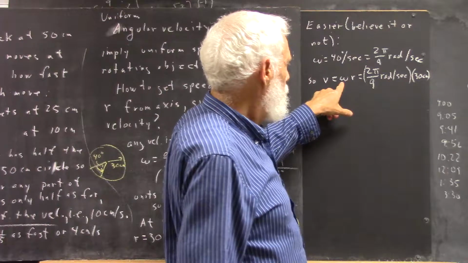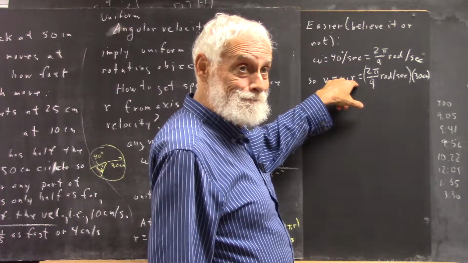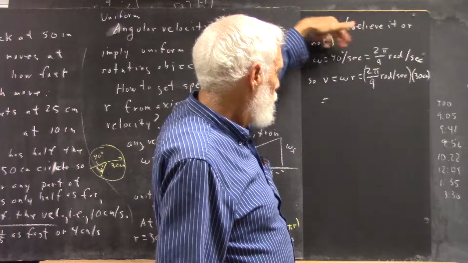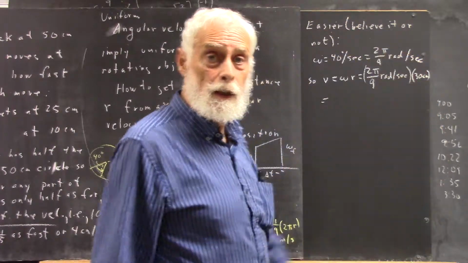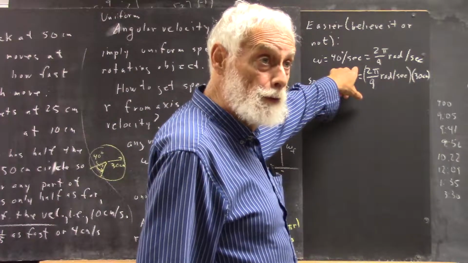So we just multiply the angular velocity by the radius with no conversion factors. Now, the conversion factors probably involved in calculating omega if you estimate in degrees, right?